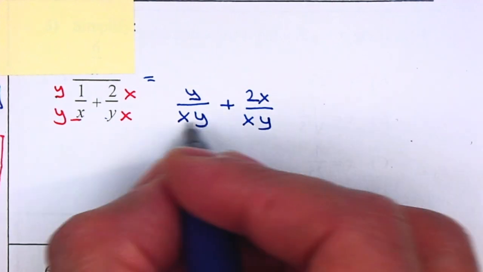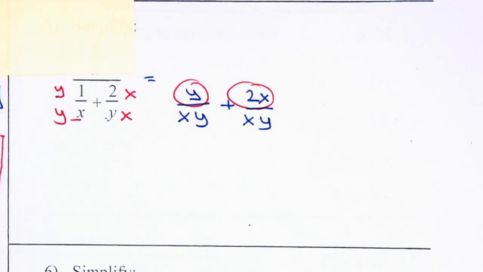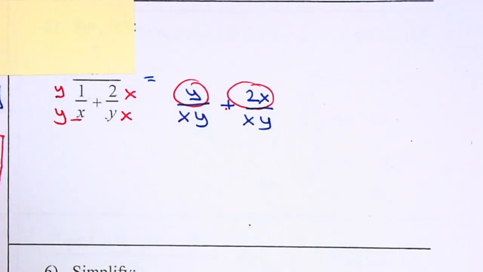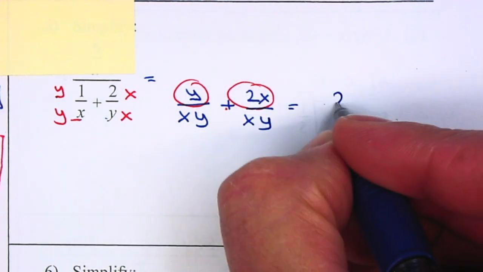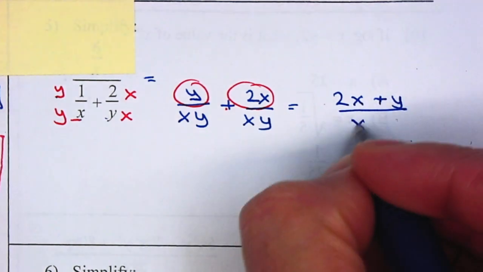Now that I have the same denominator, I'm going to add the numerators. Remember, we are adding them, so we cannot combine them because they're not like terms. So therefore, I'm just going to end up with 2x plus y over xy.